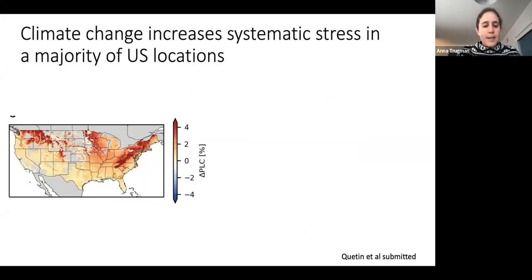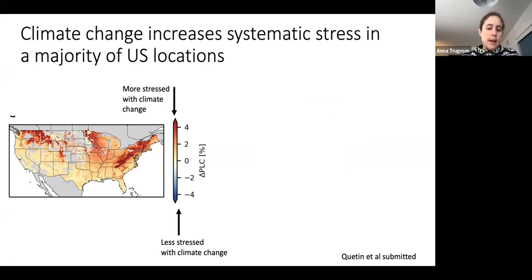So now this is a change in percent loss in conductivity between our average extremes from the future minus historical. And so redder values here indicate more increased stress with climate change, and blue values here indicate less stress with climate change.